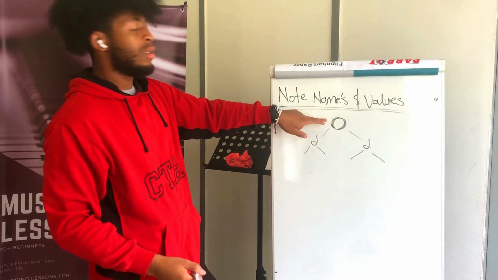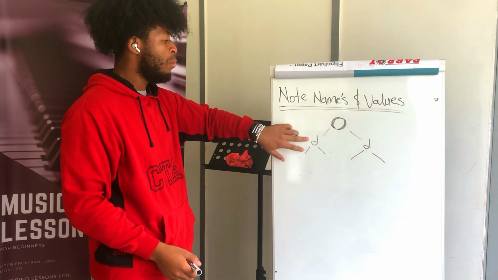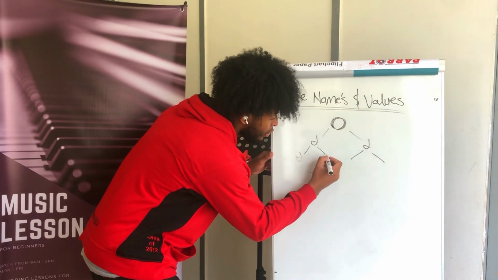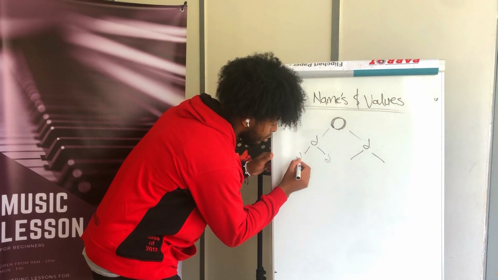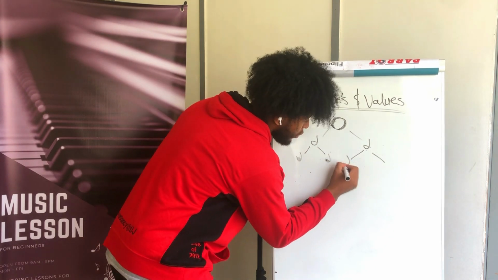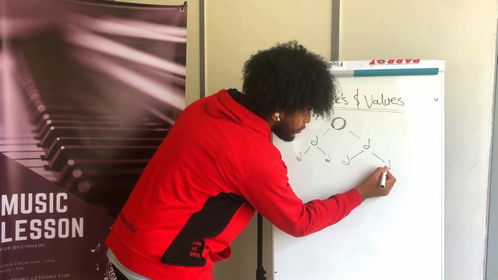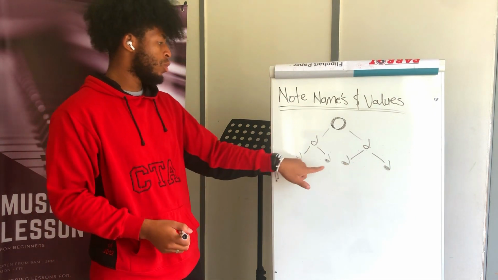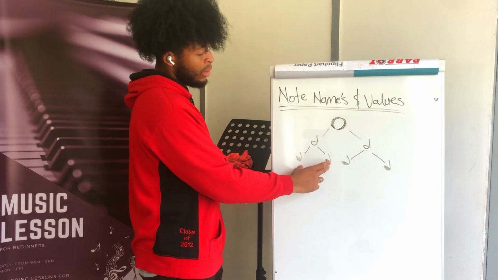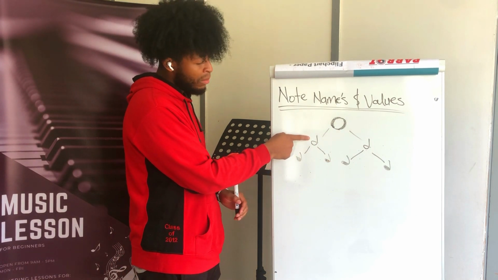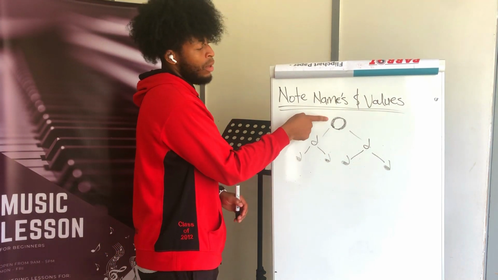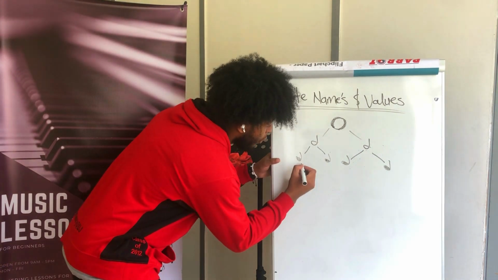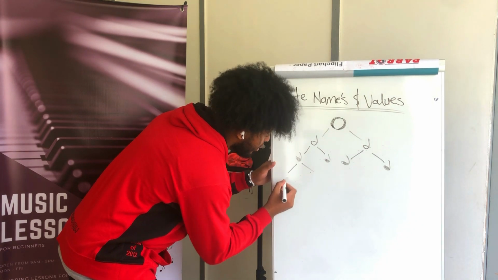So we have semi-brief, whole note, minim, half note. Now we're going to have the crochet. Now you have the crochet. So 2 crochets make 1 minim, 4 crochets make 1 semi-brief. Then under your crochets we have our quavers.